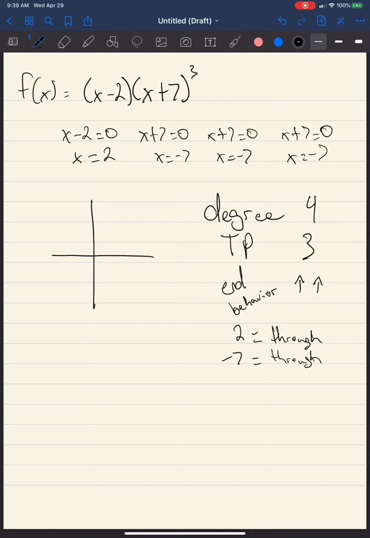So 1, 2, 3, 4. Okay, so we know it's going to be up. And we said negative 7, positive 2.